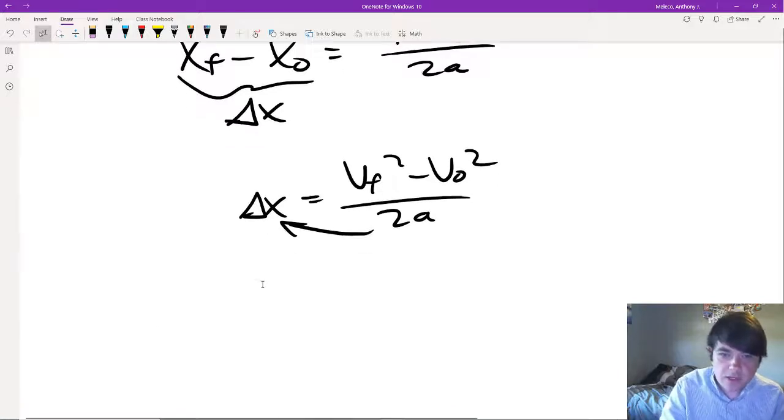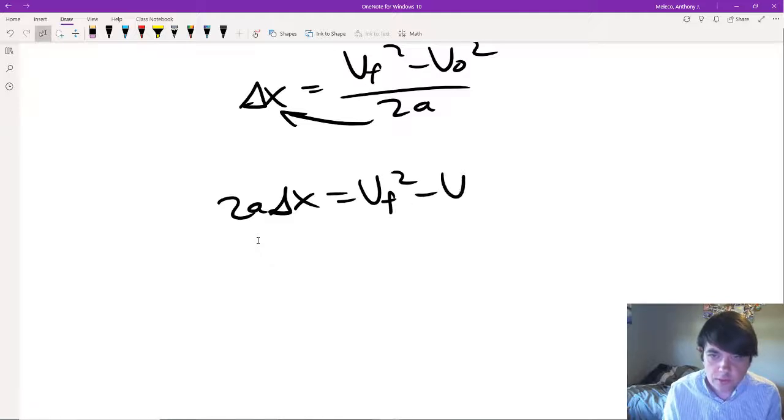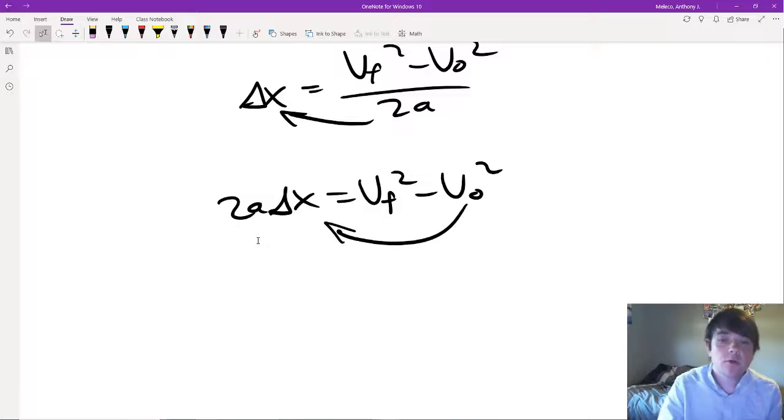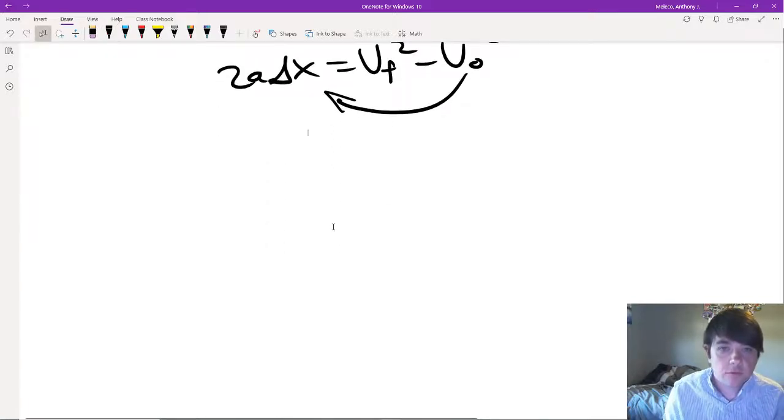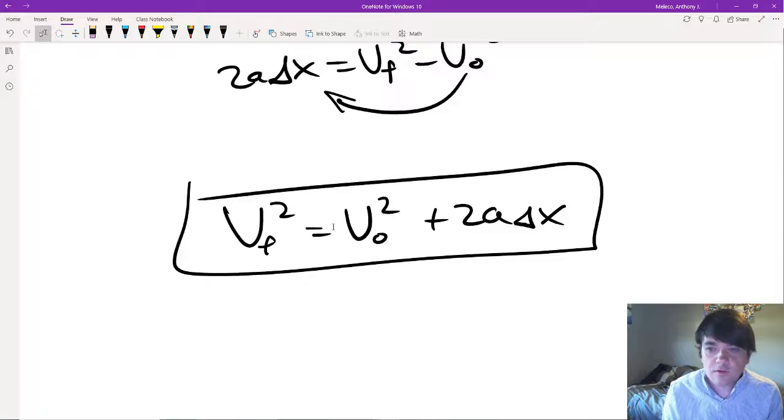Multiply this over. And again, I don't expect you to have to derive these formulas. I'm just showing you where they come from in case you're curious. And it's also a good exercise in algebra to be able to do this. So V final squared equals V initial squared plus 2A delta X. And this is our final equation.